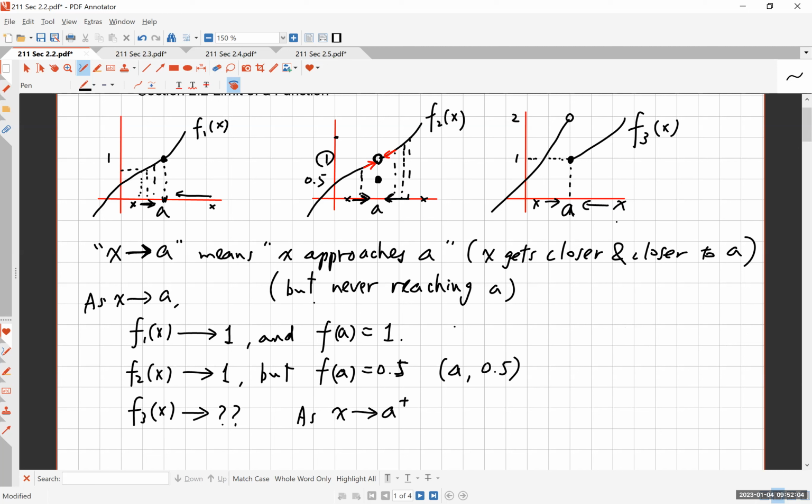And that means you're going down this way, right? So this means from the right, this little plus sign as the superscript. This is read as x approaches a from the right, which means x is always bigger than a.